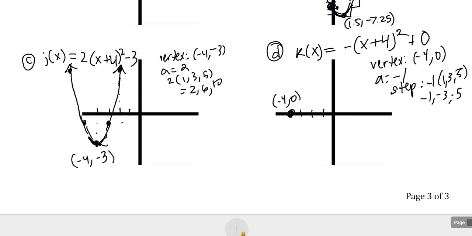And my step is I go over 1, down 1, over 1, down 3, over 1, down 5. And then I mirror those. Okay, smooth curve. Smooth as you can make it. Don't let it look pointy. And that was my last problem.